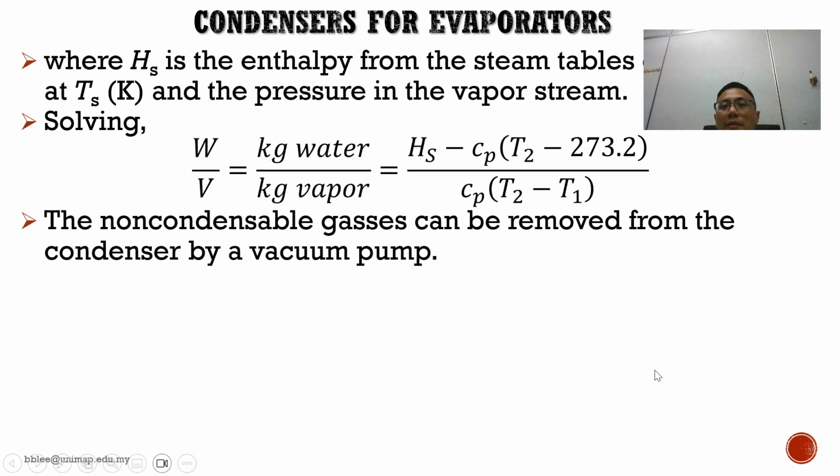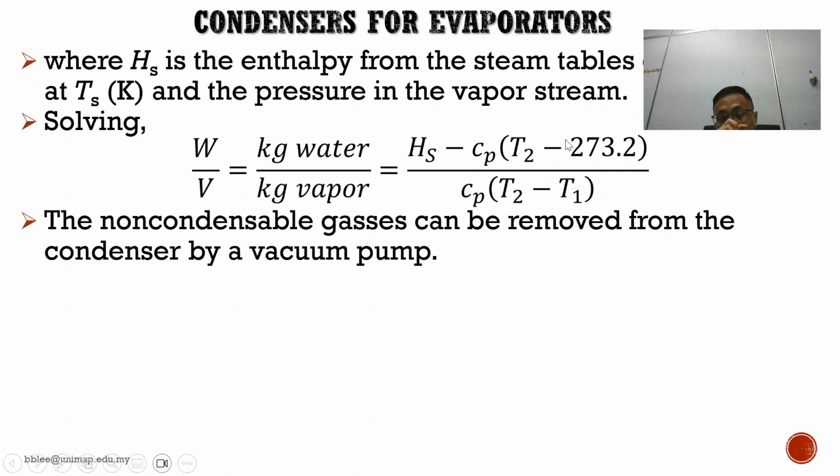Hs is the enthalpy of the vapor from the steam table, at Ts and the pressure in the vapor stream. Solving the equation by ratioing the water to vapor amount, it is basically calculating from here: the enthalpy minus Cp delta T, and also Cp delta T for the vapor.